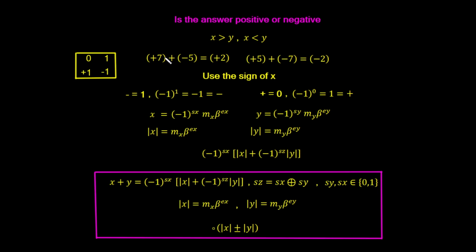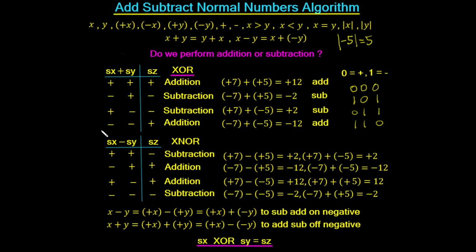Now what we're going to have to do is use the sign of x. So let's have a little look at the previous page. And you can see here that in order to get the correct sign, if we were to look at the sign of the answer here, it is positive, and the sign of x is positive. The sign of the answer is negative, the sign of x is negative.